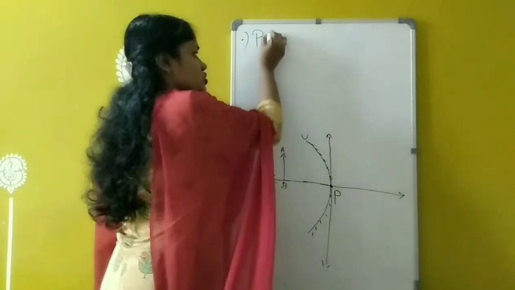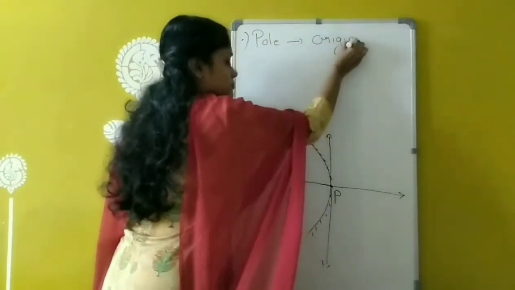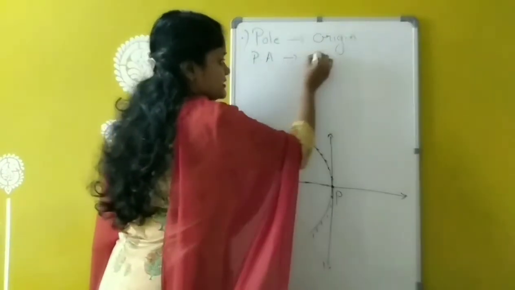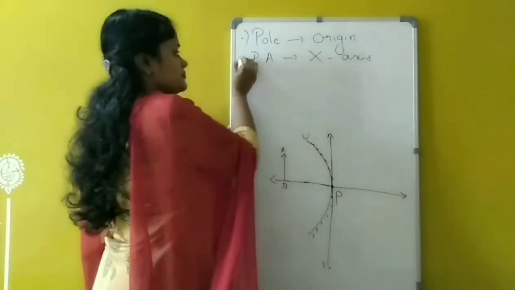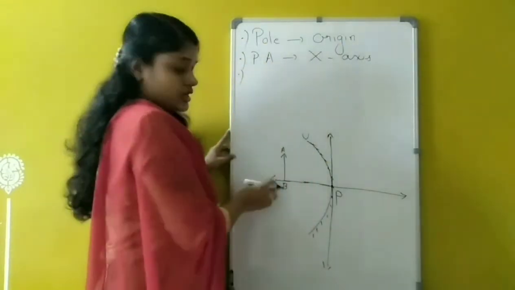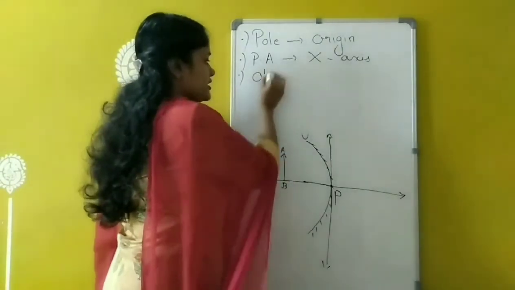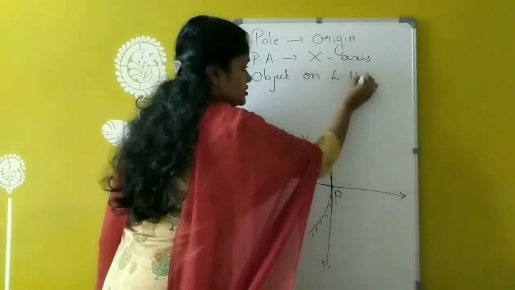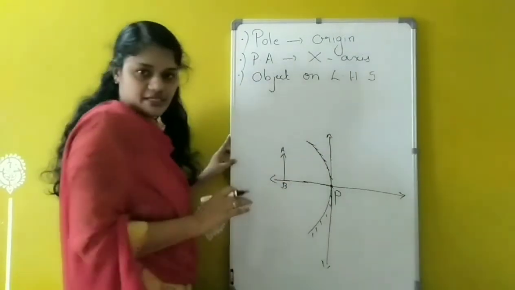The pole is the origin, and the principal axis is taken as the x-axis. Then the third one: the object is always placed on the left hand side. So we always place the object only on the left side of the mirror.